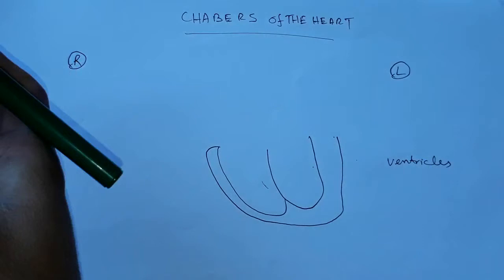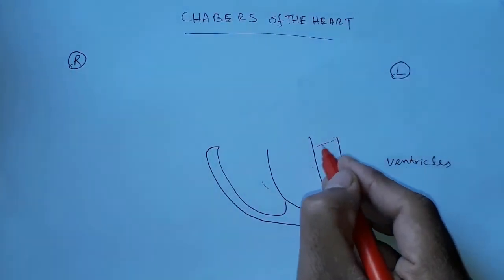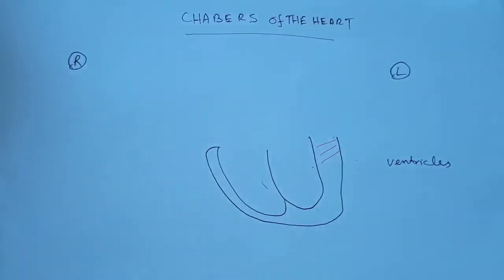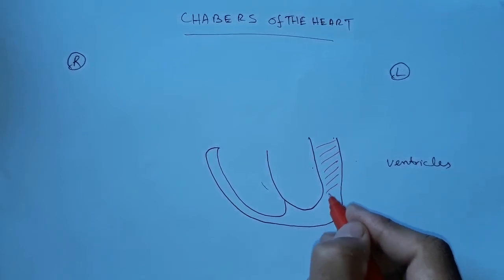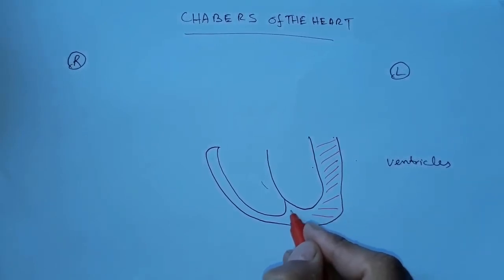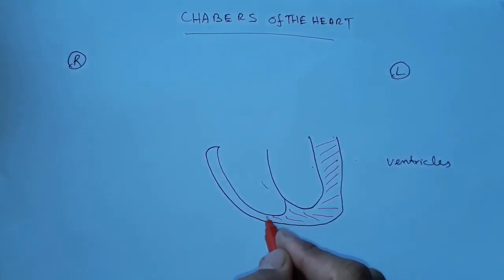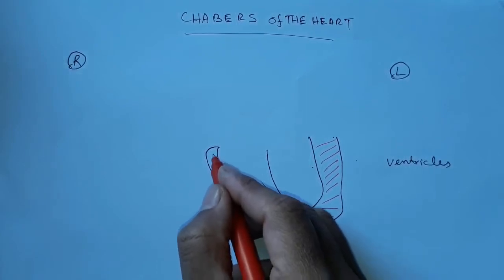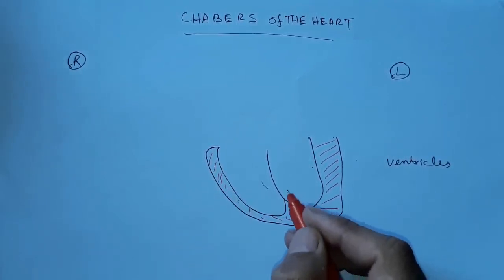That's why the left ventricle has a thick muscular wall, because that muscular mass has to pump blood throughout the whole circulation.